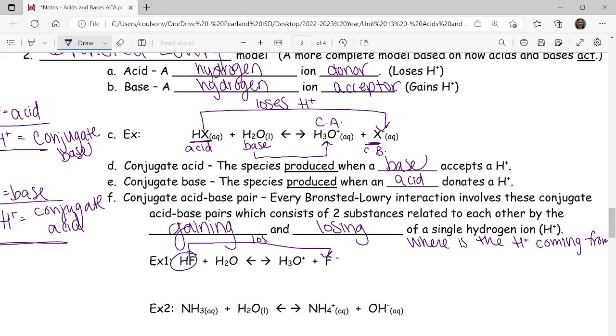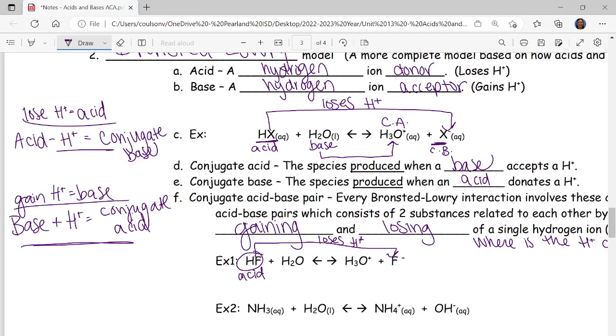Good. So if this is losing a hydrogen, that would make it my what? Perfect. And the thing that it turns into, so my acid, once it loses the hydrogen, turns into the conjugate base. So that would be this, my conjugate base. And then H2O, if it's not the acid, would then be the base.